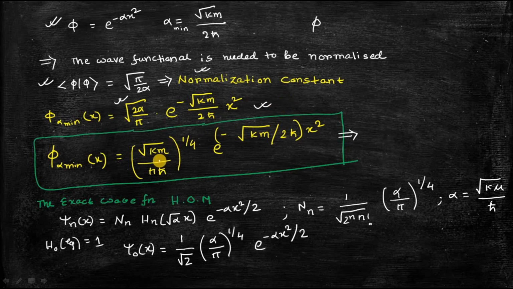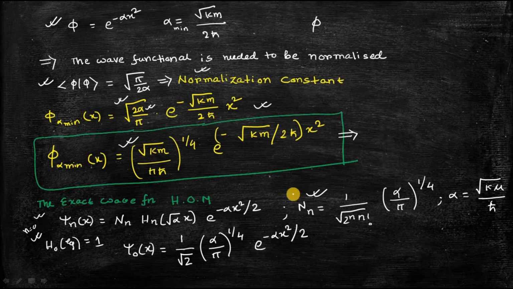So you can put this value of alpha here, and you will get this normalization constant into e to the power minus root over of km by 2 h cross into x square. Now the exact wave function for the harmonic oscillator for the nth energy state is like this. This is the normalization constant, and this is the Hermite polynomial, which for n equal to 0, the ground state wave function, is equal to 1.